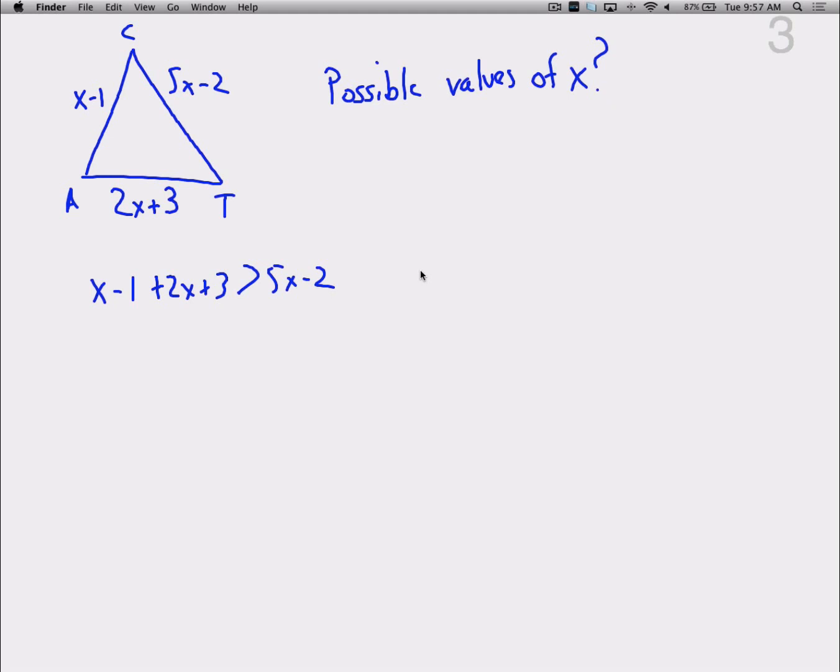Morgan, give me the second one. 2x plus 3 plus 5x minus 2 is greater than x minus 1. Good. And the third one. X minus 1 plus 5x minus 2 is greater than 2x plus 3. Good. Solve each of those, please.